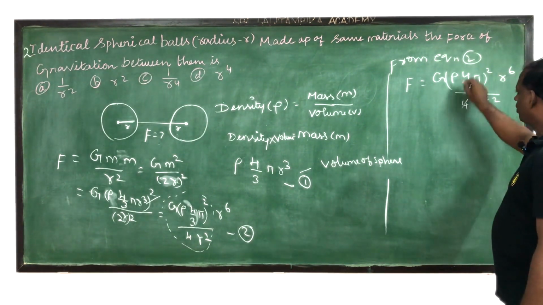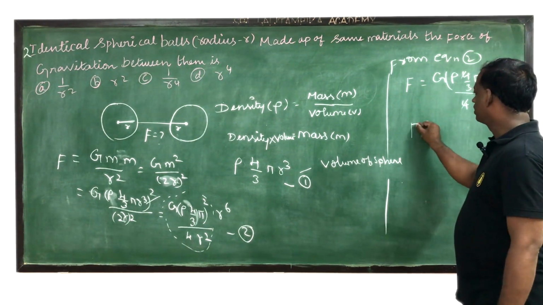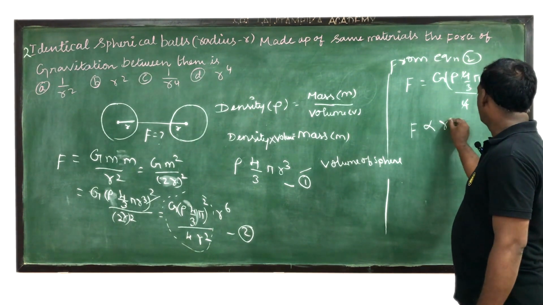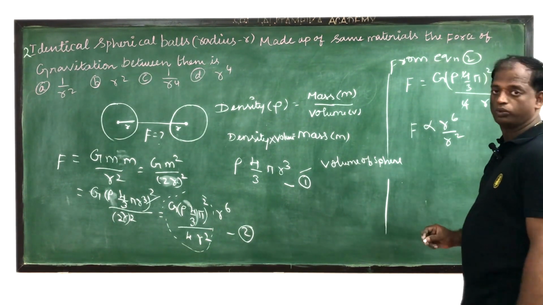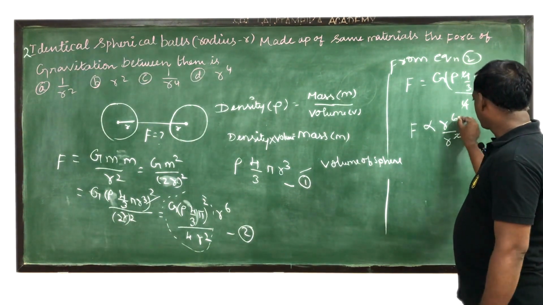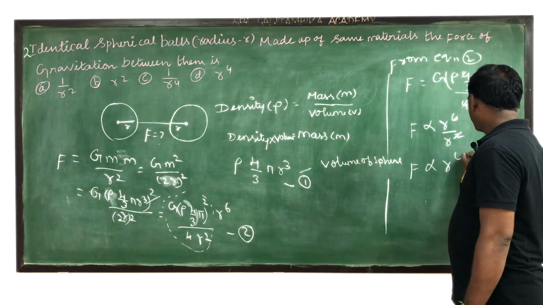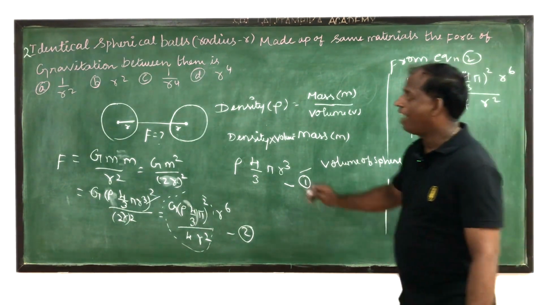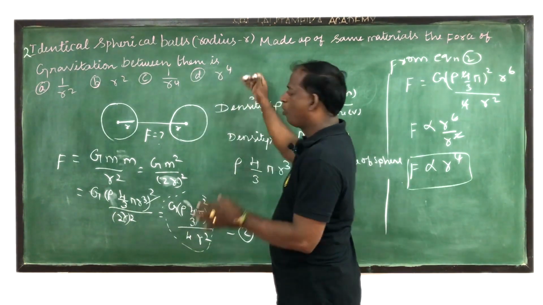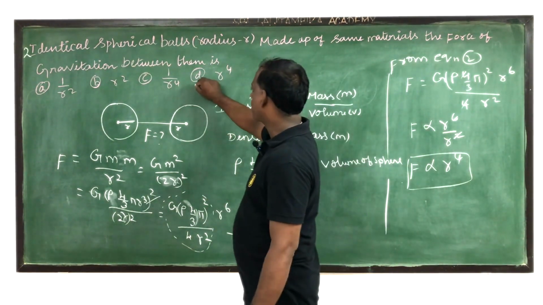You can cancel this 4, and we can keep all the rest as constants. That is, F is proportional to r power 6 divided by r power 2. If we cancel this, F is proportional to r power 4. That is the gravitational force of attraction between them, it is r power 4.